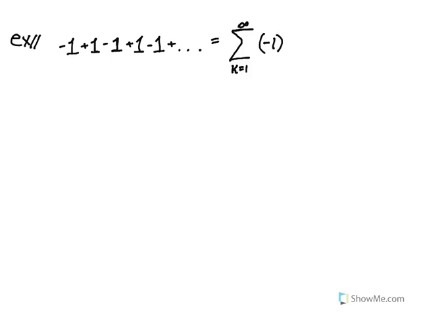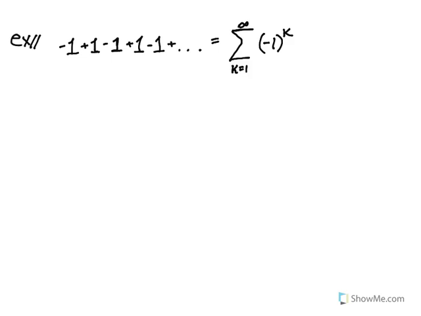So let's consider the series -1 plus 1 minus 1 plus 1 minus 1, and so on. This series can be written in sigma notation in this form: the sum from k equals 1 to infinity of (-1)^k. The first term, k equals 1, is just -1, the second term is +1, -1, +1, and so on.